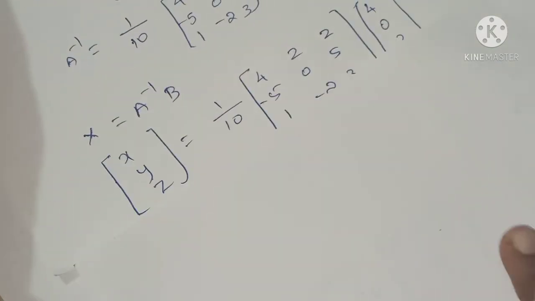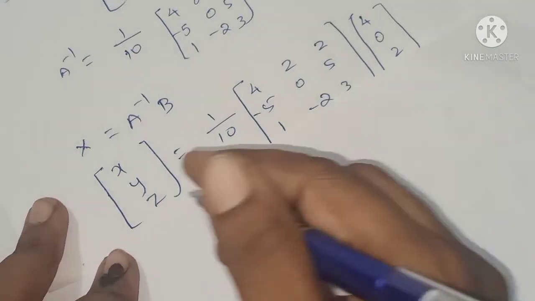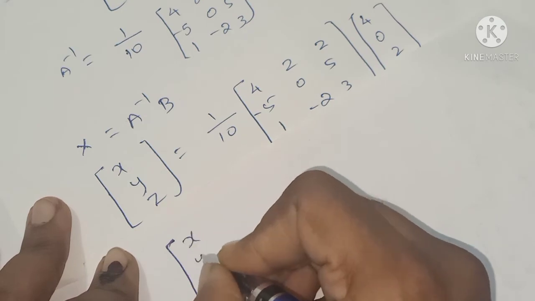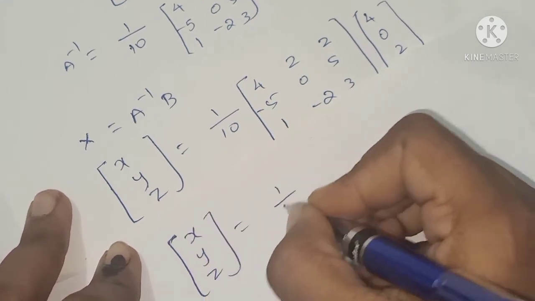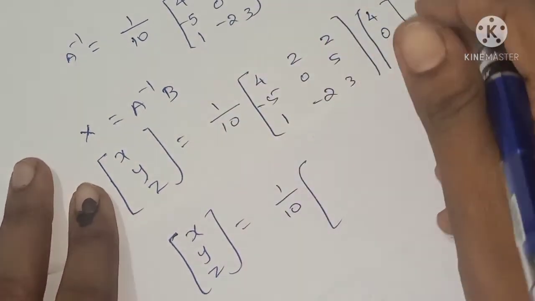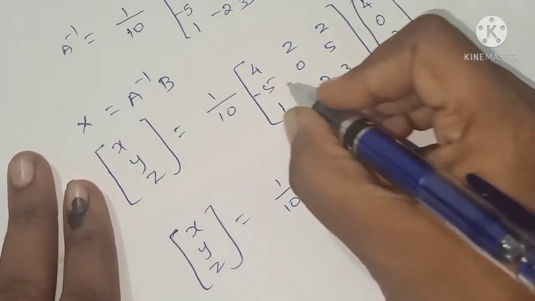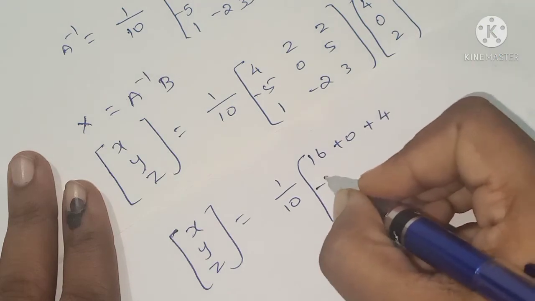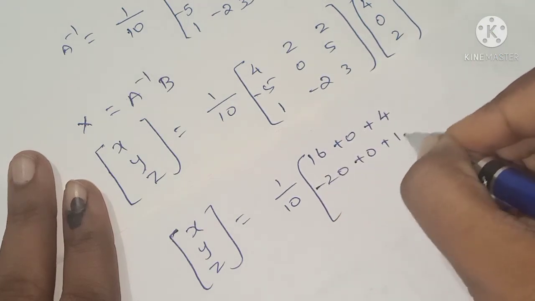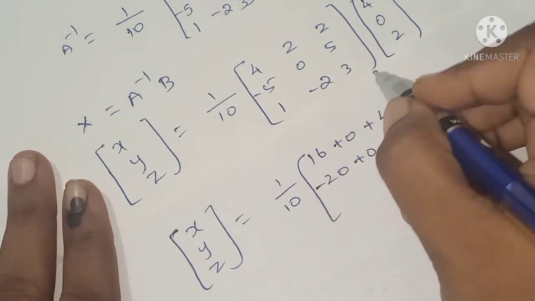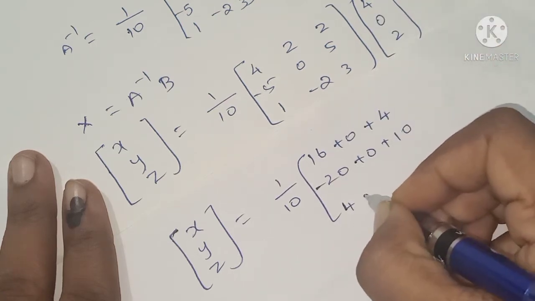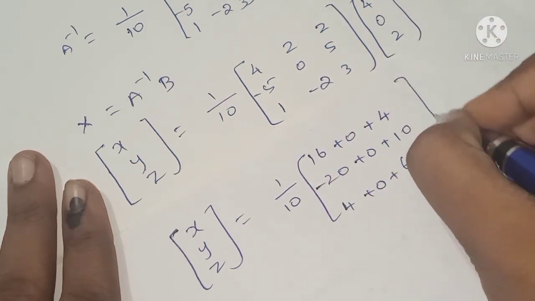So we have to multiply those two matrices. XYZ is equal to 1 by 10. First row, first column: 16 plus 0 plus 4. Second row, first column: minus 20 plus 0 plus 10. Next third row, first column: 4 plus 0 plus 6.